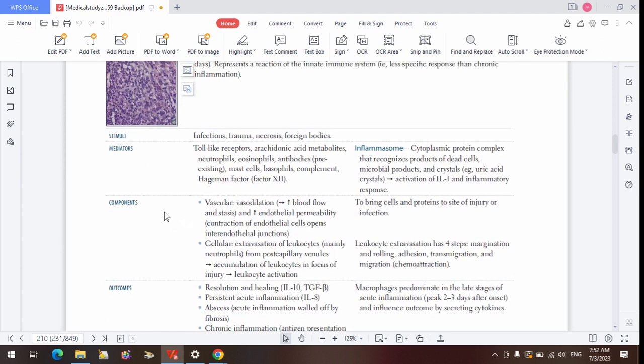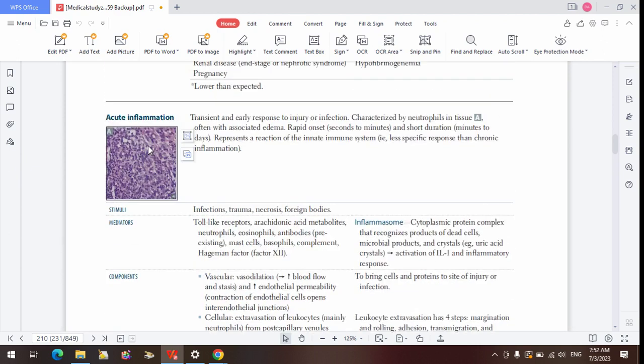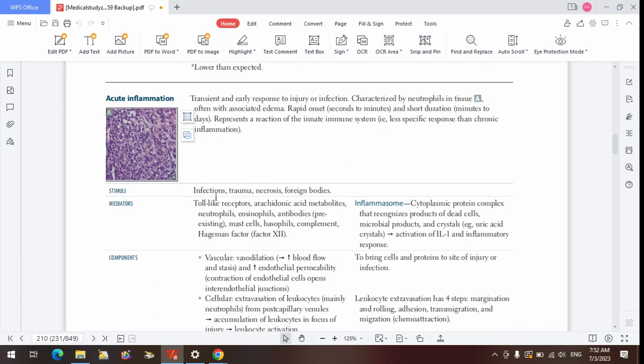So let's look at the stimuli that can trigger acute inflammation. Infection, trauma, necrosis, and foreign body are potential stimuli that can drive acute inflammation. Infection and trauma will cause damage to the endothelial cells. It can even cause cell death, and the inflammatory drive will happen from there. Necrosis from any cause. Foreign body, for example, a person inhaling pollen or dust.